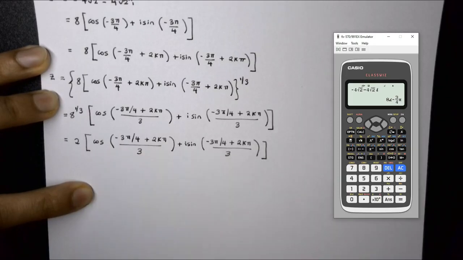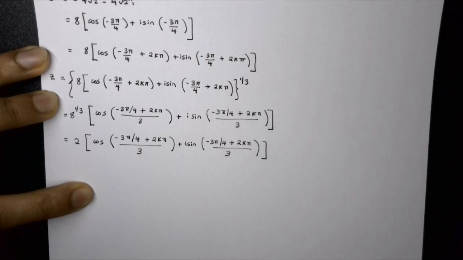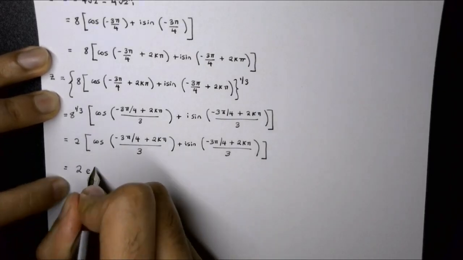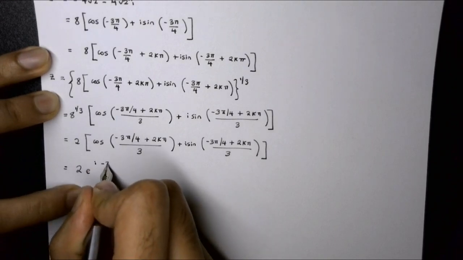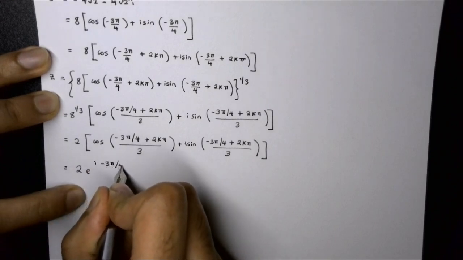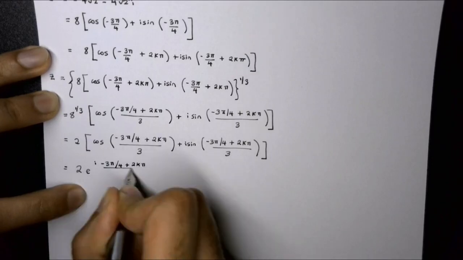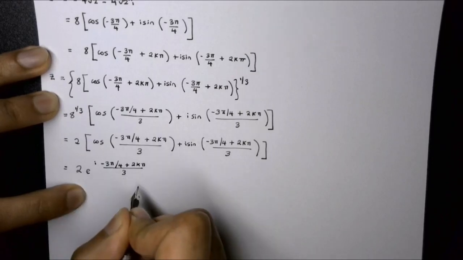Now we can rewrite this result in exponential form. So here we have 2e to the power of i lots of -3 pi over 4 plus 2k pi over 3.